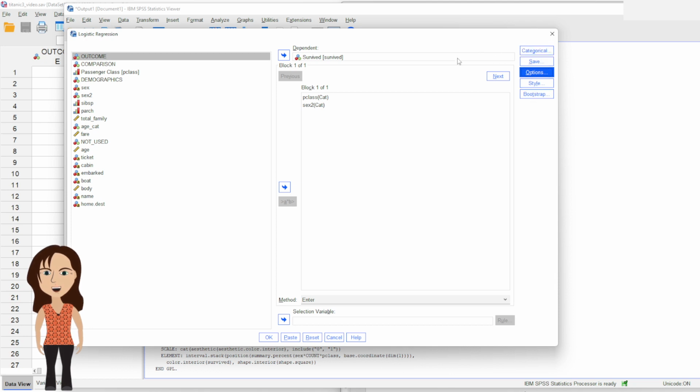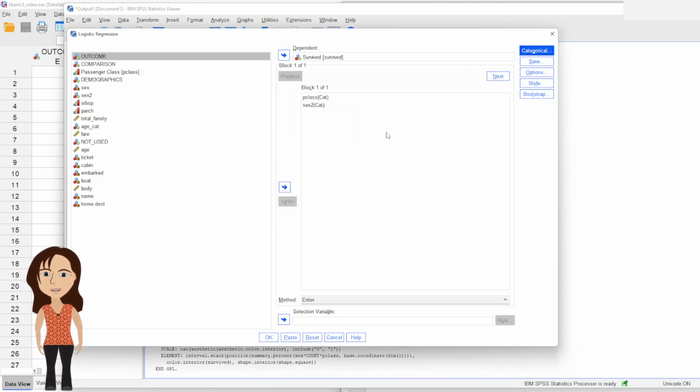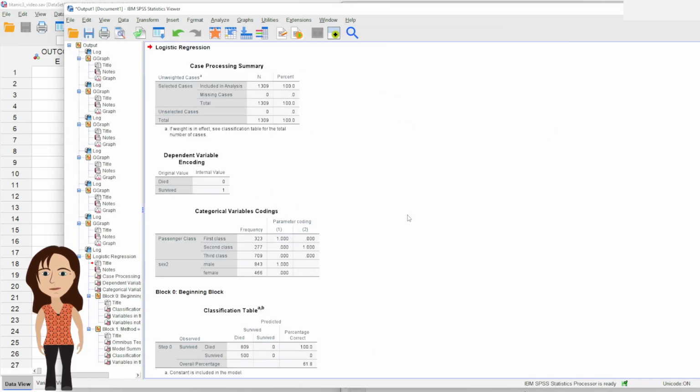I don't think I had anything else ticked, but just remember when you're doing logistic regression, if these are categorical variables and it doesn't show up with cat after it, you do have to tell SPSS that they are categorical here, and this is where we can change the reference level as well if we want to, but I'm just going to run it as the default model to start with.